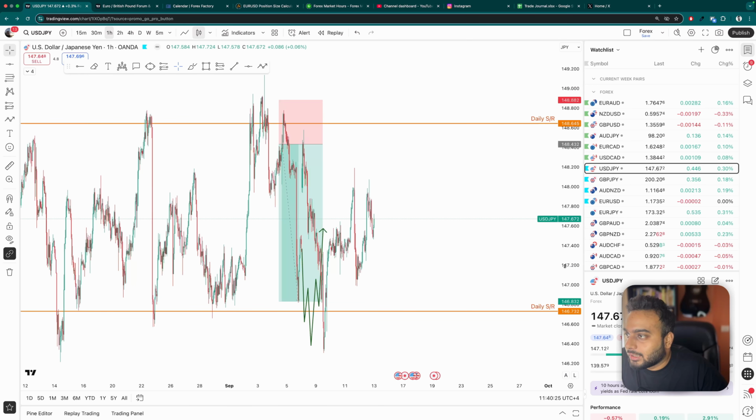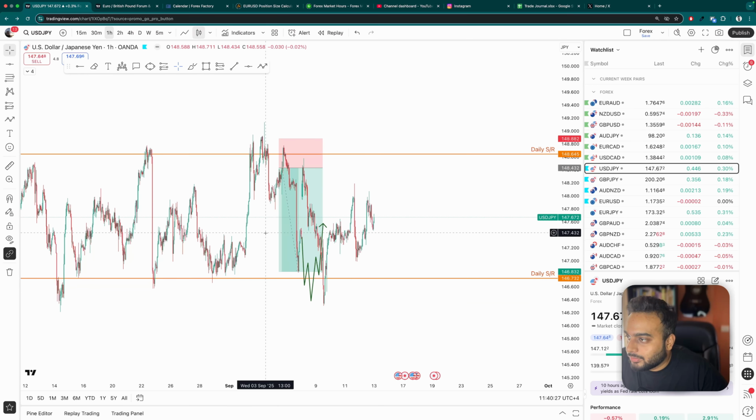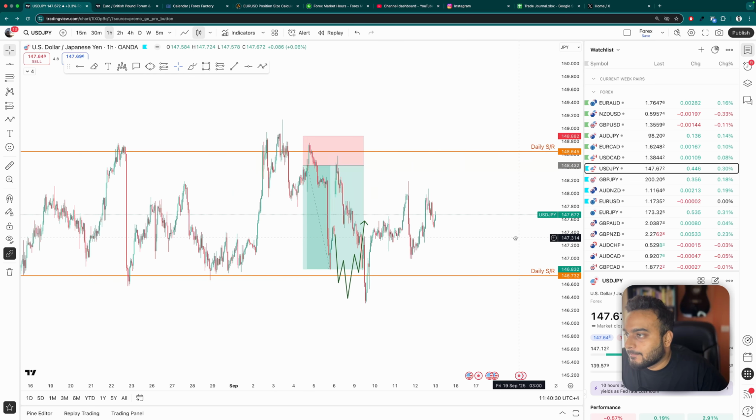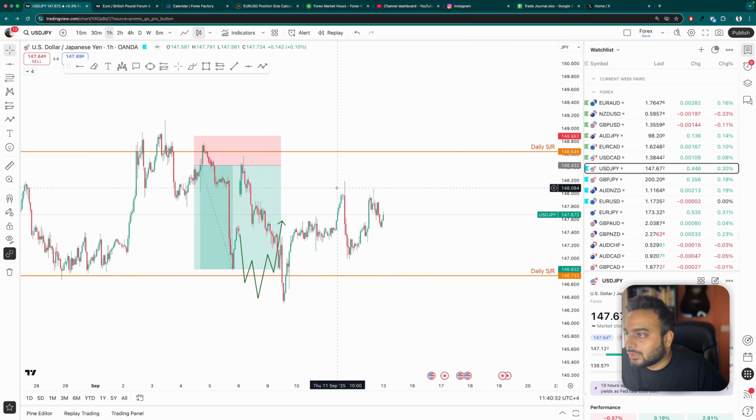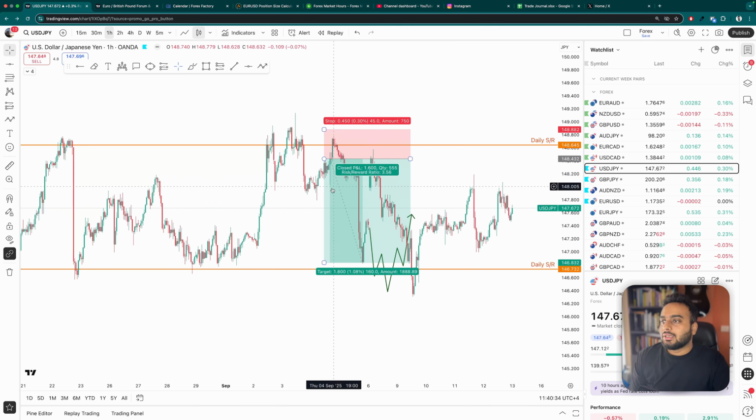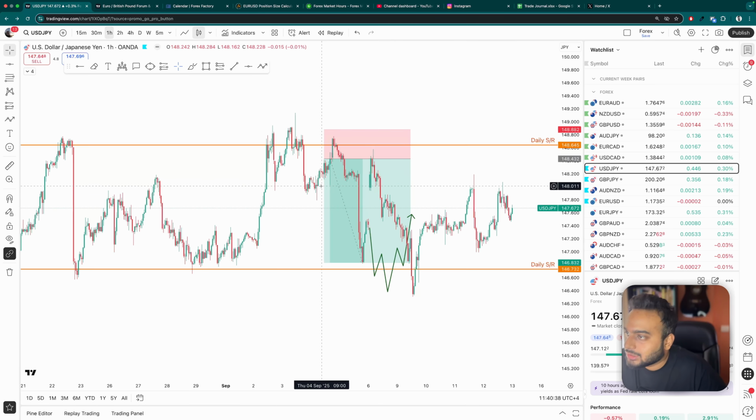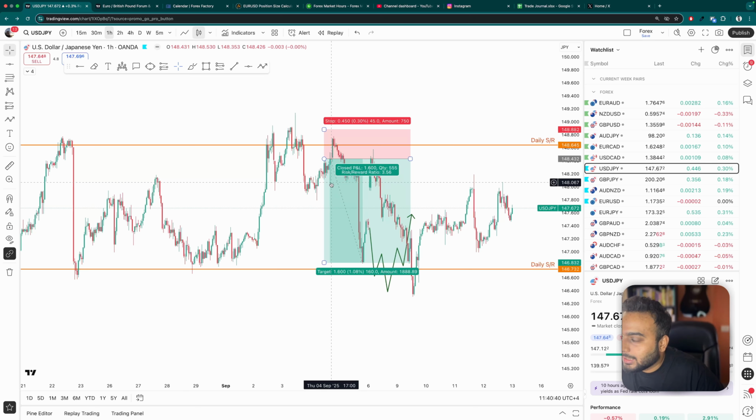USD JPY, another beautiful pair. Again, this was a trade I took. Yeah, this was last week. So this was a sell limit order again. I got the entry right here. And the price moved really nice. On Friday, I closed it.